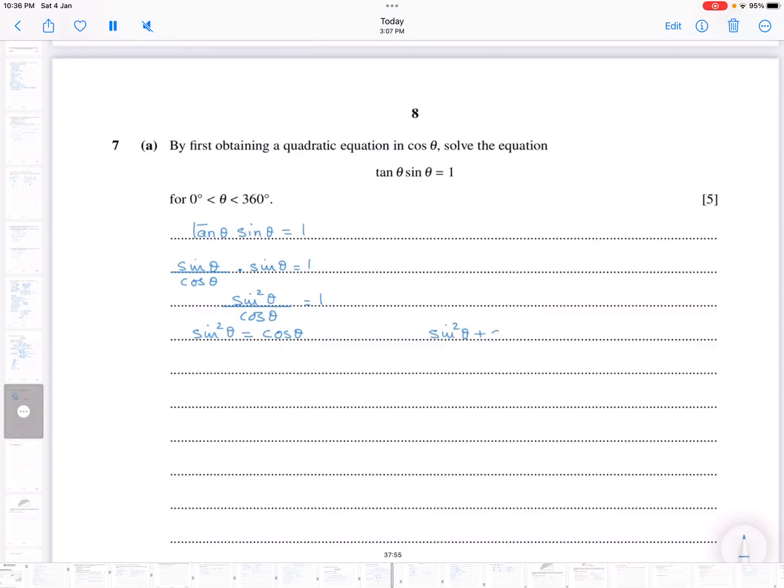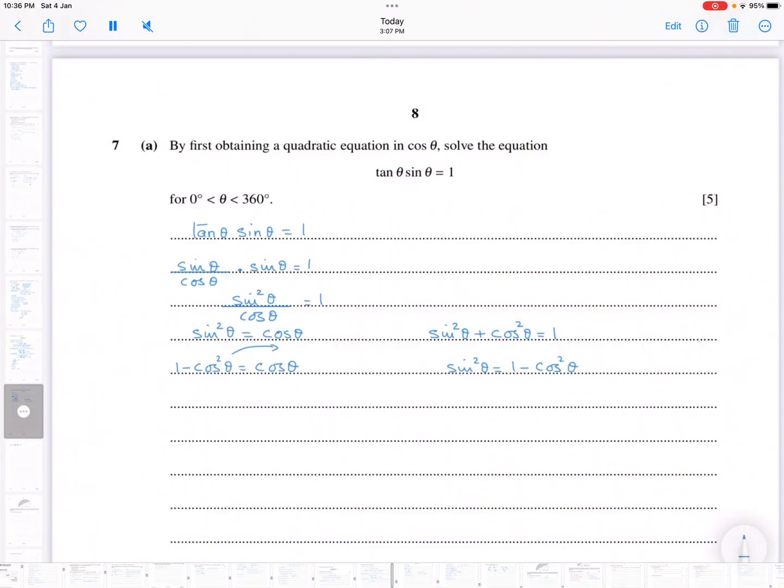Now the identity sin squared theta plus cos squared theta equals 1, and if I make sin squared theta the subject, I can write 1 minus cos squared theta. So use this 1 minus cos squared theta in place of sin squared theta.